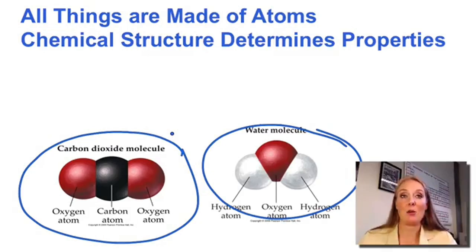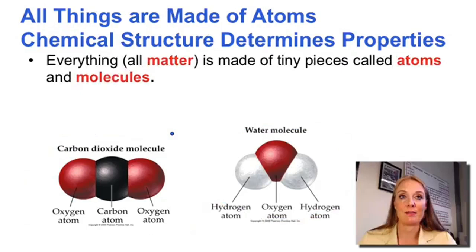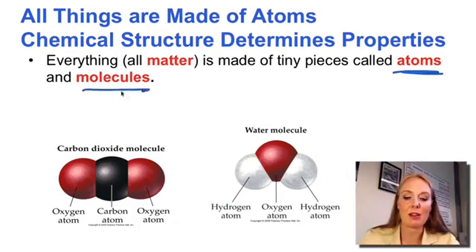But that matter was comprised of atoms and molecules, just like all other matter. And the chemical structure of the water and the carbon dioxide, the sugar, and the citric flavorings that are in that particular sample determines the property of that matter. So just to review, all matter is comprised of tiny pieces called atoms and molecules.